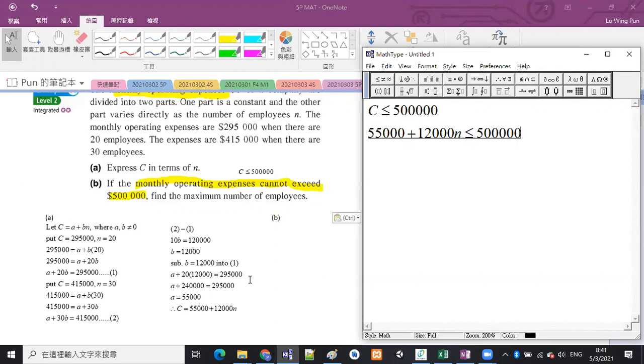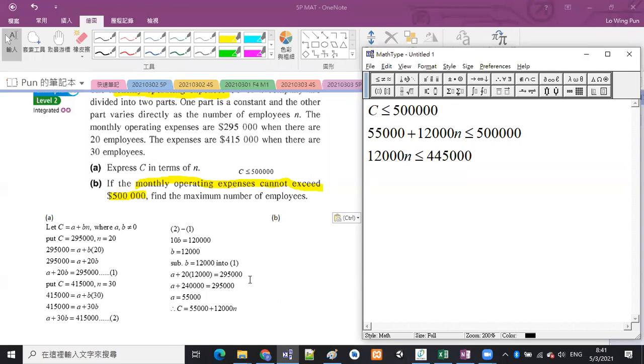Okay? And this is an inequality involving the N. And then we can just solve the inequality for N. Okay? Subtract the 55,000 to the right-hand side. Okay? It becomes 445, right? Am I correct?